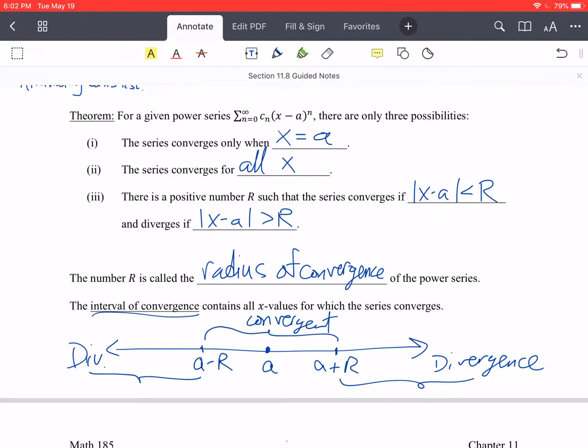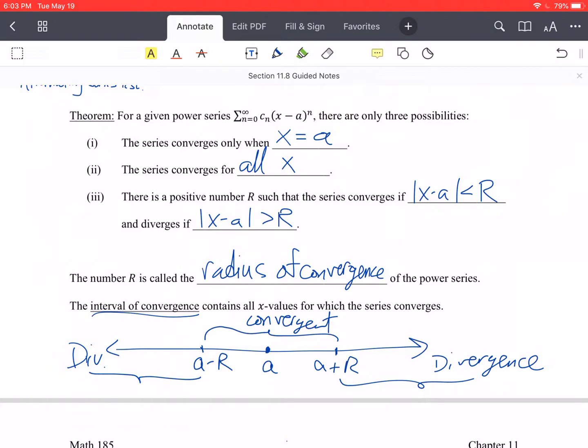Now notice we did not cover what happens at those endpoints. That's because those tests don't give us satisfactory solutions at the endpoints. So like you've seen in the last couple examples, we just have to go in and check those by hand. And generally we'll get a series that we can test by itself. Okay?